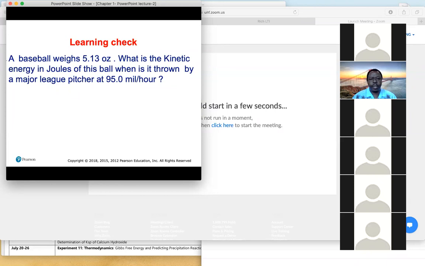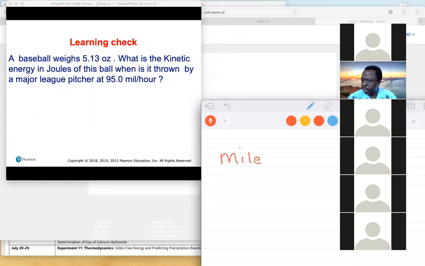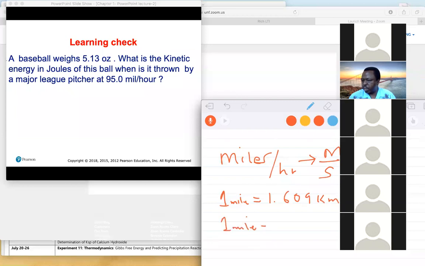You are expected to convert the speed from miles per hour. Okay, how are we going to change miles per hour to meters per second? You have to know that 1 mile equals 1.609 kilometers.